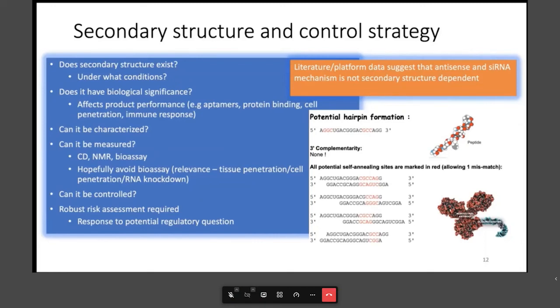So you need to think about this. There is good literature and platform data to suggest that antisense and siRNAs are not secondary structure dependent, but we need to know that it exists. We need to know whether it has any biological significance, whether it can be characterized, whether it can be measured, and whether it can be controlled, and in particular, if it is reproducible.